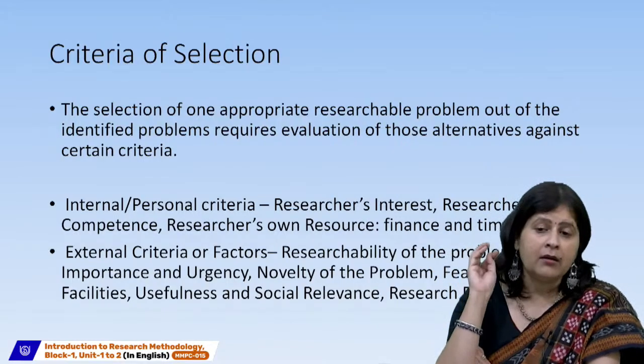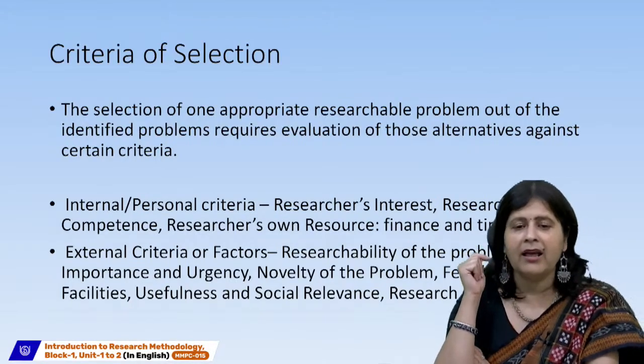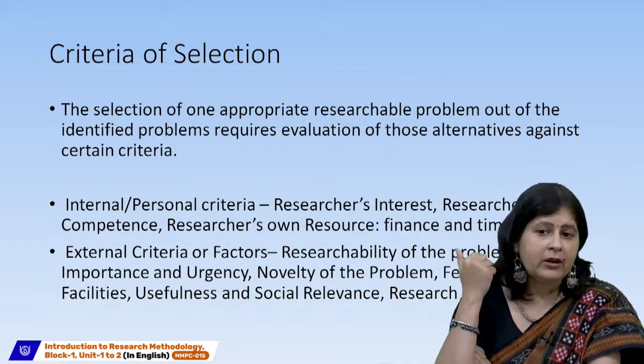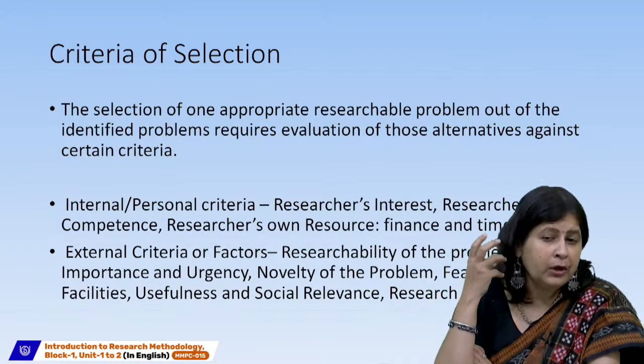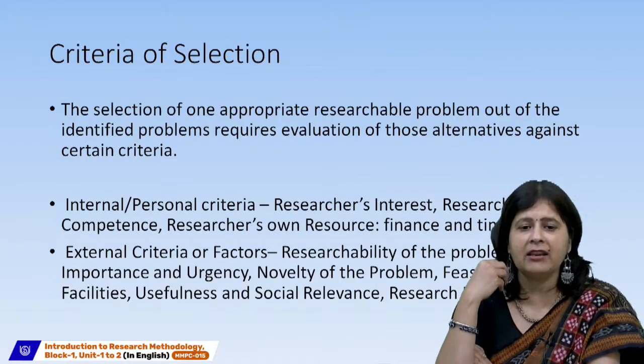Then the criteria could be external factors, like researchability of the problem, whether it is possible to research that problem, and whether we would be able to collect the data.